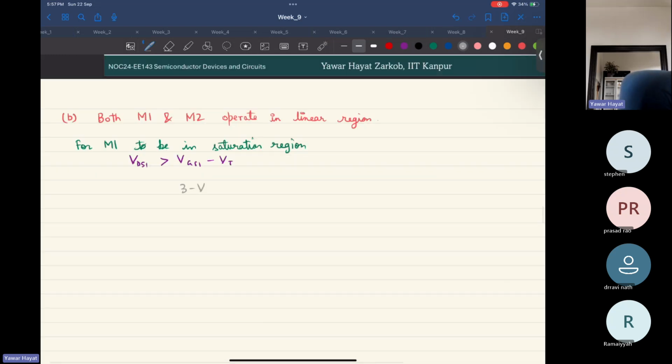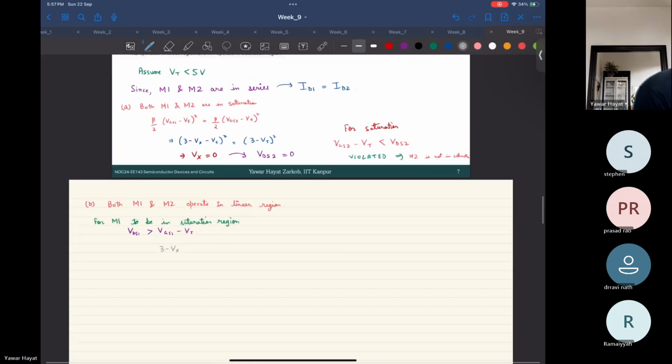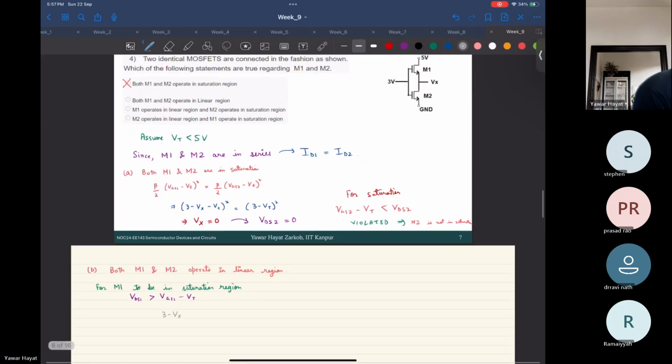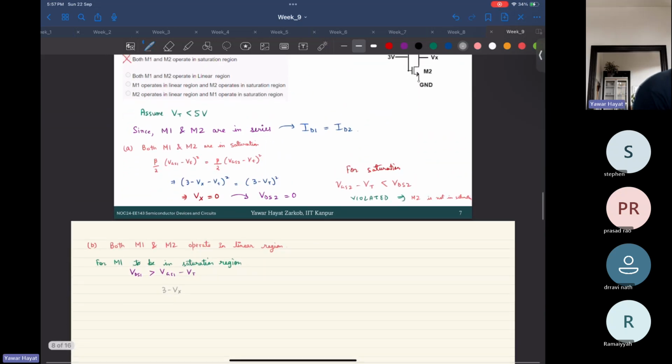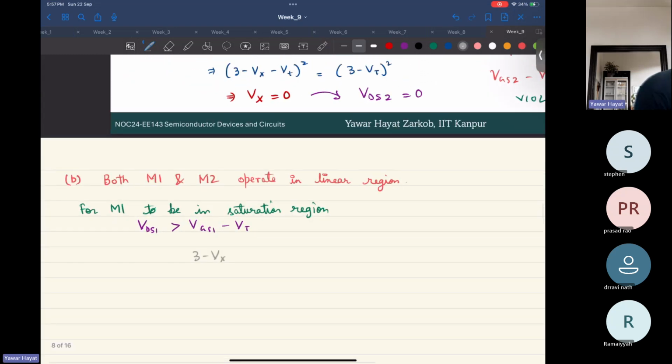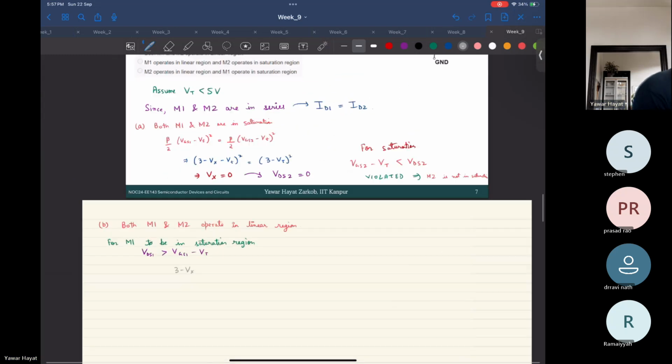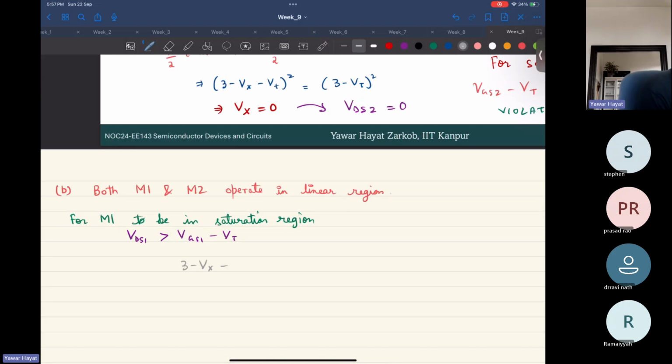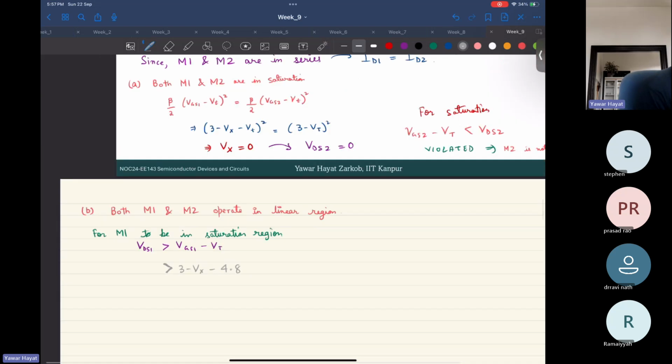What about VT? VT is less than 5, right? So I can take any value, say, let me use 4.8. If my VDS is greater than this, then I'm good to go.